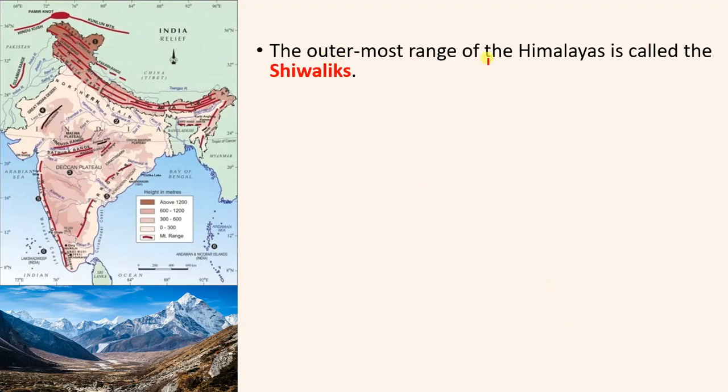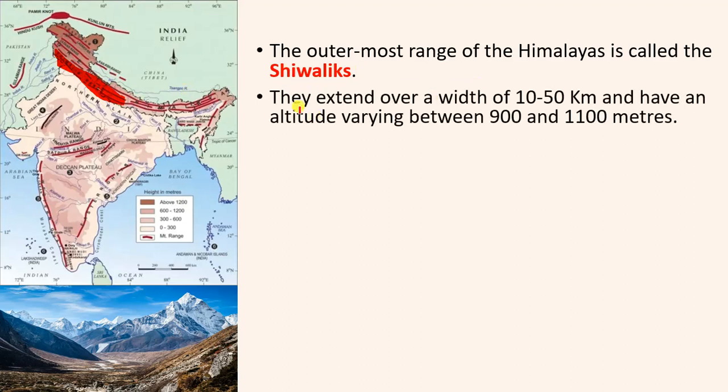The outermost range of the Himalaya is called the Shivaliks, the southernmost part of the Himalaya. They extend over a width of 10 to 50 km and have an altitude varying from 900 to 1100 meters.